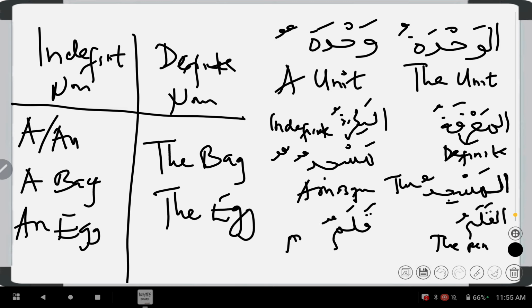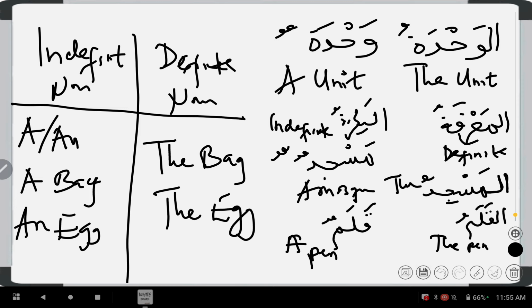You would see that when a word is definite in Arabic, it takes alif and lam, and it does not end with tanween. Ending with tanween means it is a nakira, an indefinite noun, a something.